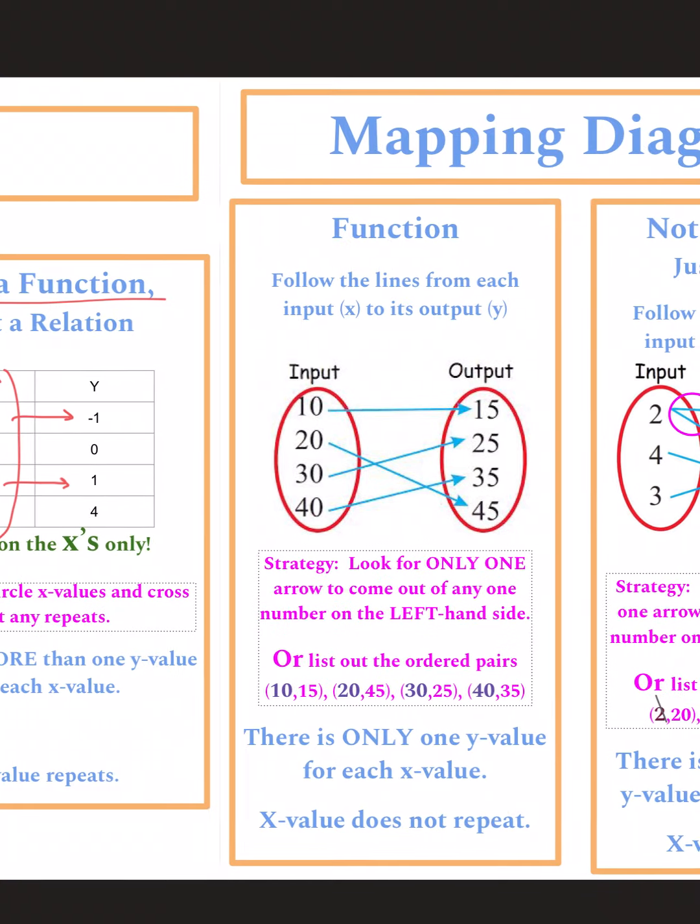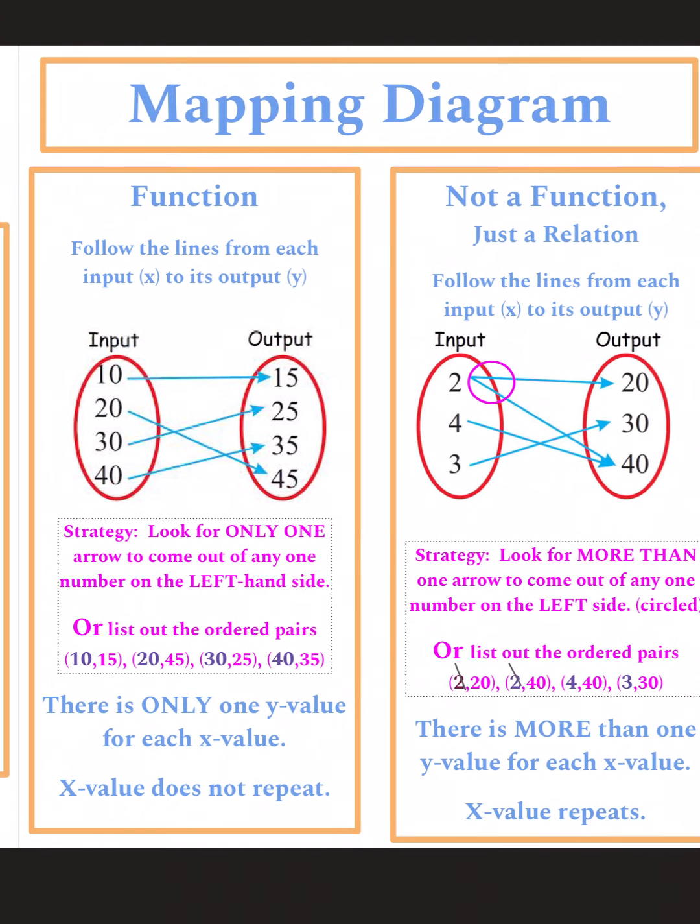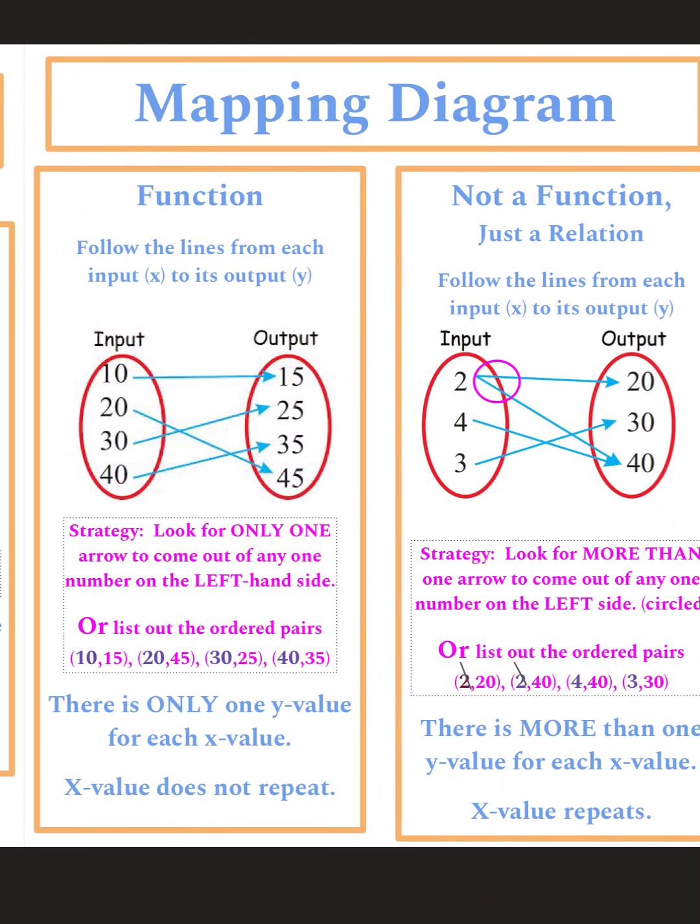For the third representation, we have the mapping diagram, which is similar to a table because your input is your x, the output is your y. So we look at the x values. None of the x values repeat, but then you also have to look at the second part, which is look for only one arrow coming out of each number.